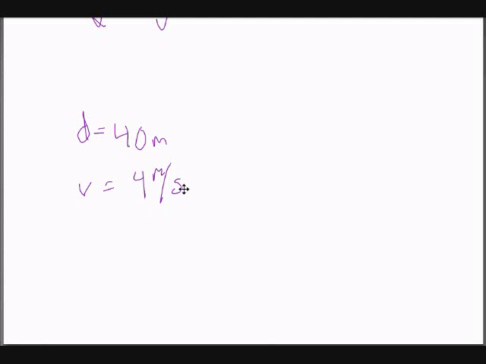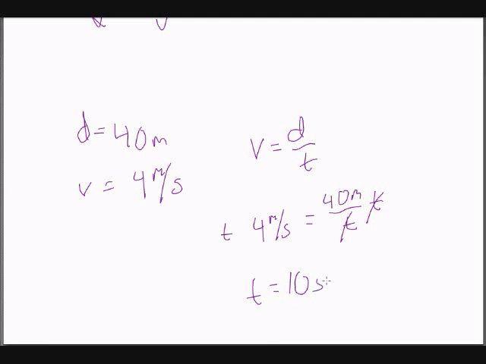No. Do we say this velocity changes? No. So we can use our uniform motion formula, V equals D over T, and when we plug in all of our values, 4 meters per second equals 40 meters over T, multiply both sides by T, divide both sides by 4, and what you'll end up getting is T equals 10 seconds.